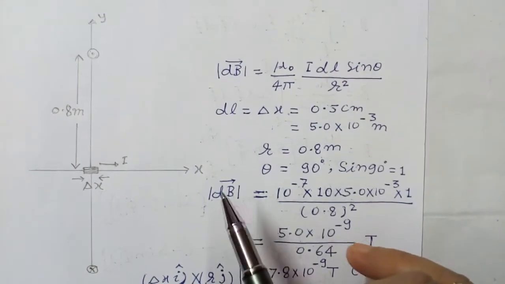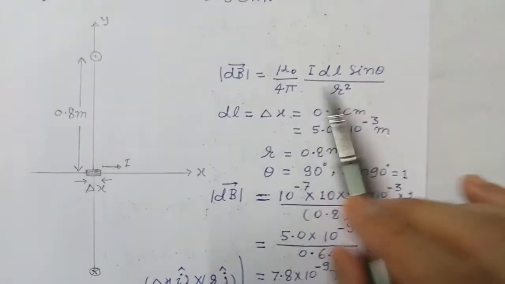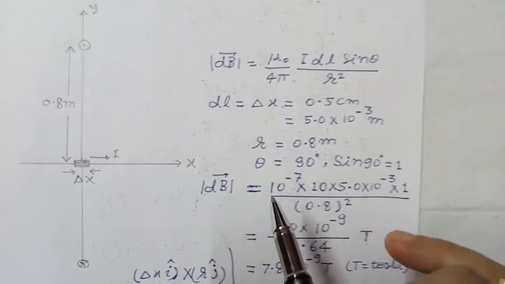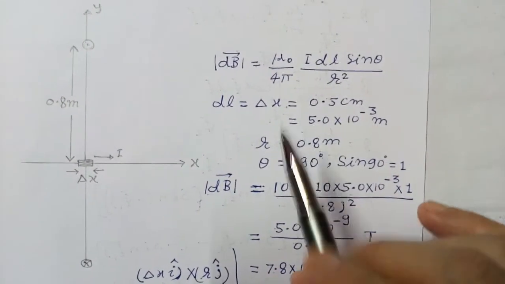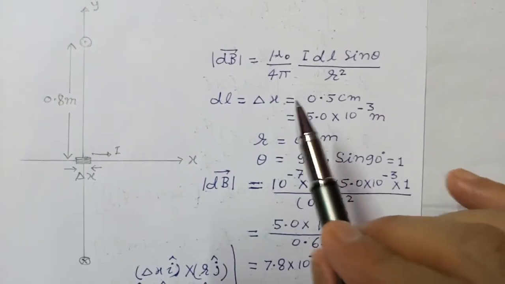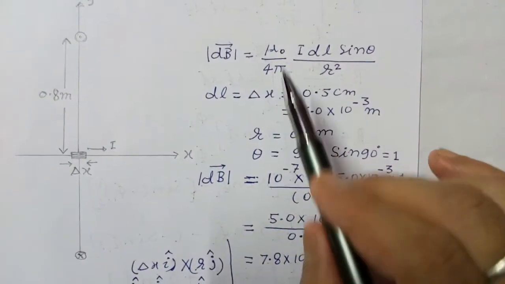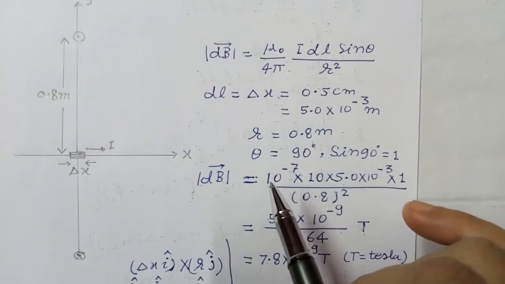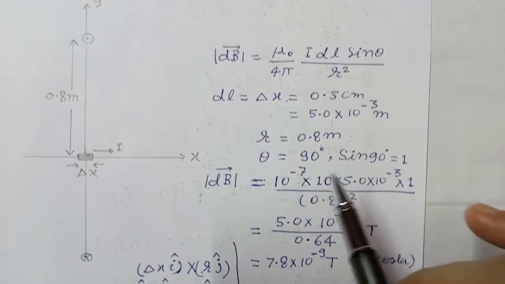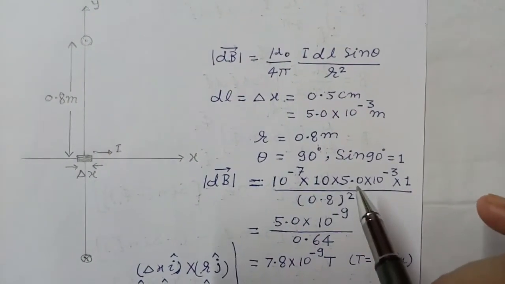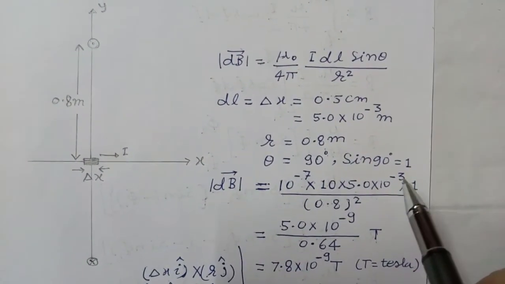So substitute these values in this formula. So the magnitude of the magnetic field dB is equal to 10 to the power minus 7, because mu naught upon 4 pi is equal to 10 to the power minus 7 Tesla meter per ampere. So for mu naught upon 4 pi, write 10 to the power minus 7. dl is 5.0 into 10 to the power minus 3.